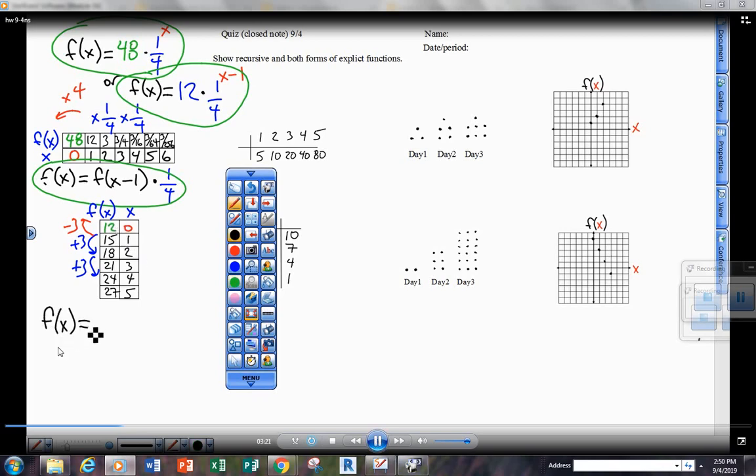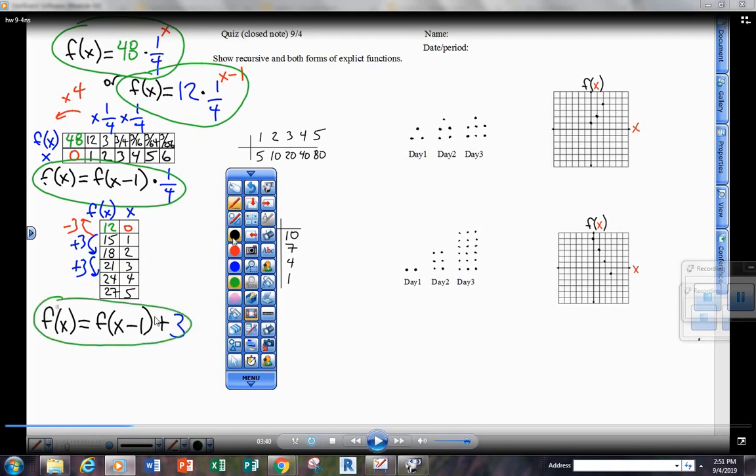So again, for the recursive pattern, since this is arithmetic, the generic form is plus D, not times R like this geometric one. And then I don't want that answer. I want that replaced with the actual common difference number, which is 3. So the recursive form for this is f of x equals f of x minus 1 plus 3.